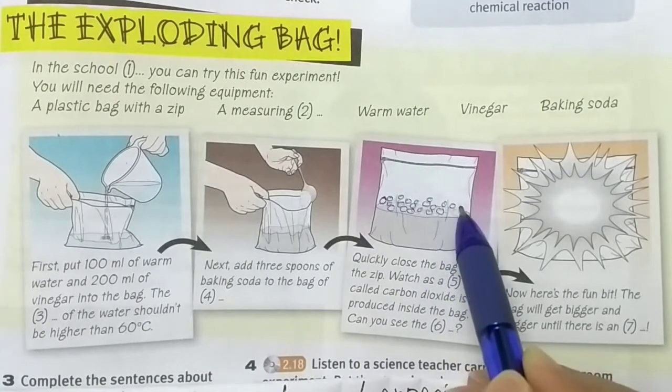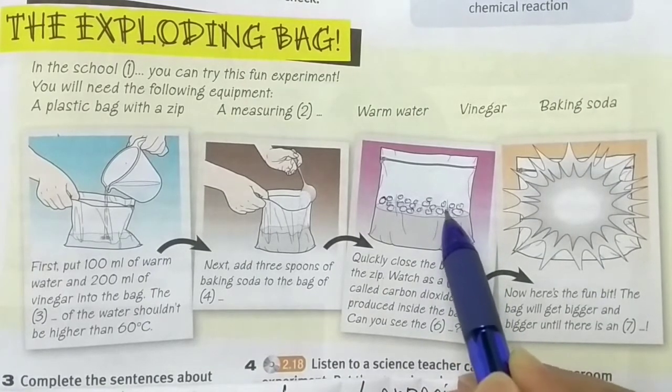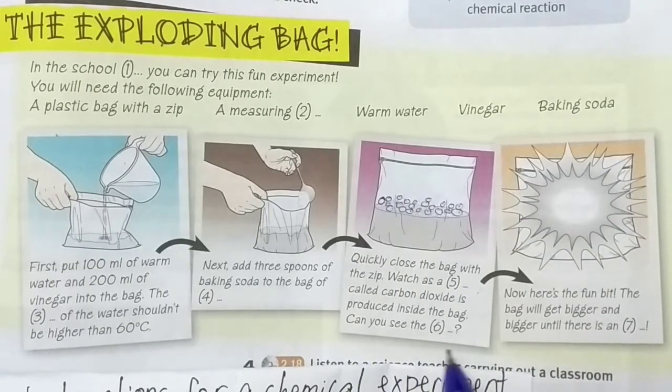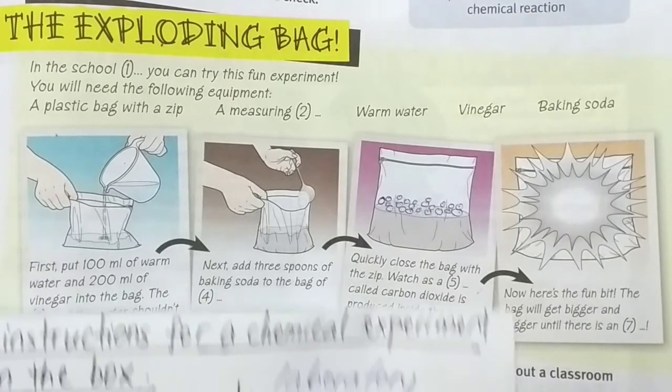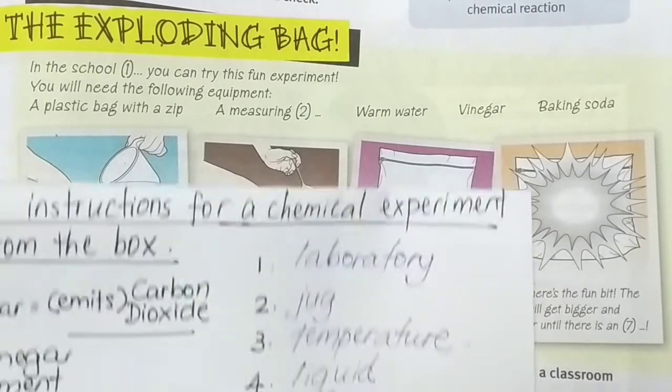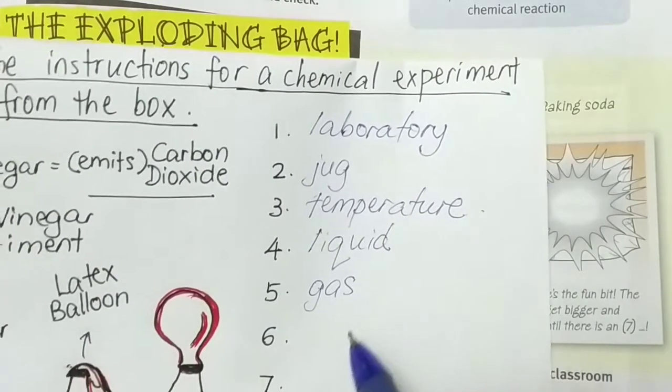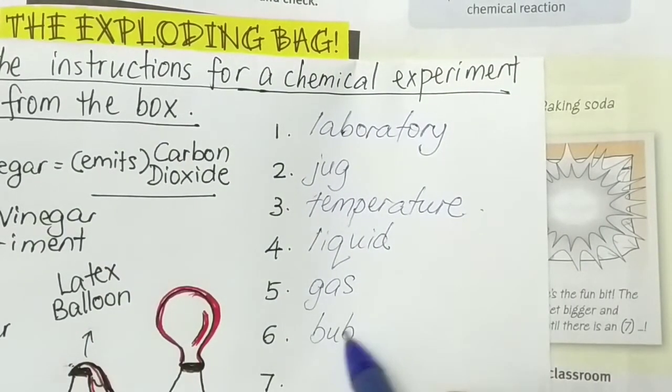If I don't look closer, I wouldn't be able to see the bubbles too. So yeah, these are called bubbles. So can you see the bubbles? Alright, so 5 will be gas and 6 will be bubbles.